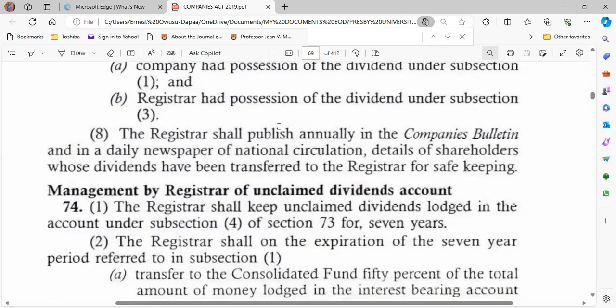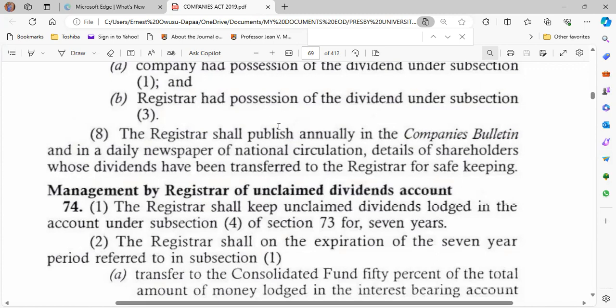Another new development under the current Act 992 is that in terms of Section 73, subsection 8, the registrar shall publish annually in the company's bulletin and in a daily newspaper of national circulation details of shareholders whose dividends have been transferred to the registrar for safekeeping. Now, this law has been in force since 2019, and we are in 2024. So roughly 5 years.